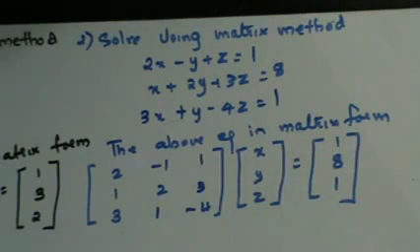Right? So what have we done here? We've converted the above equation into matrix form. Fine. Now, once this is done, I need to have the number in the first position as 1.